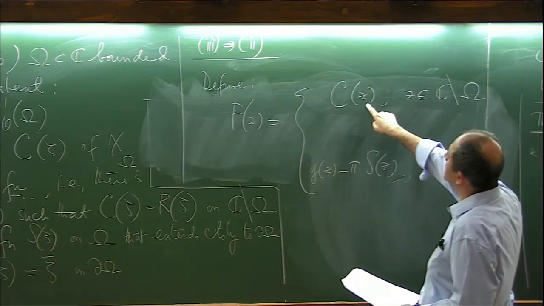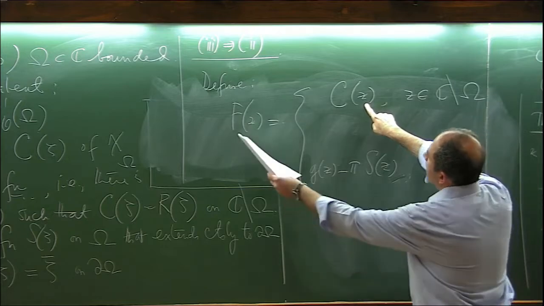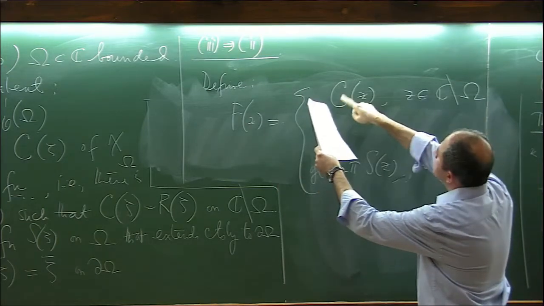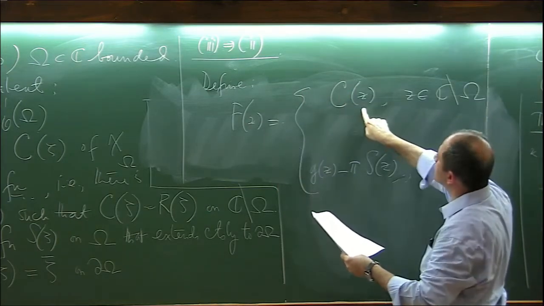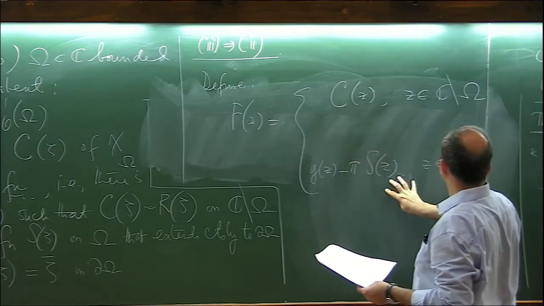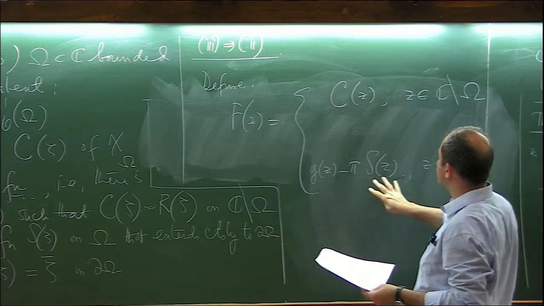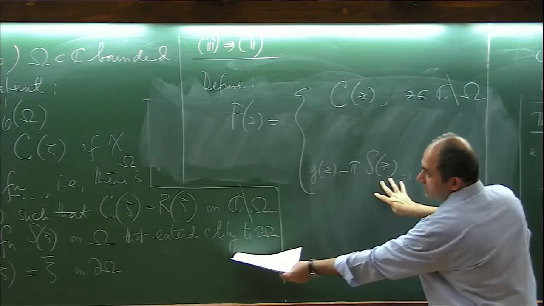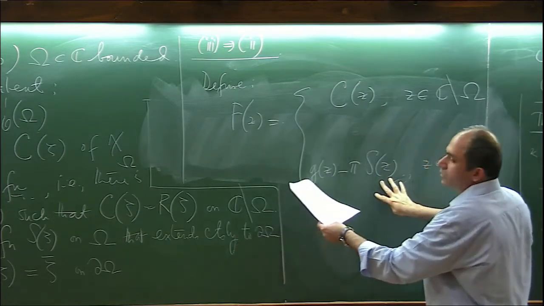So outside the domain, your function capital F is holomorphic just because of the properties of the Cauchy transform. Yeah. So this is holomorphic outside, and in the domain omega, I have a bunch of poles coming from S that's given to me by assumption, and G is a holomorphic function there.